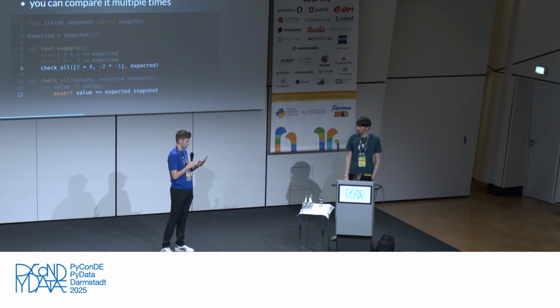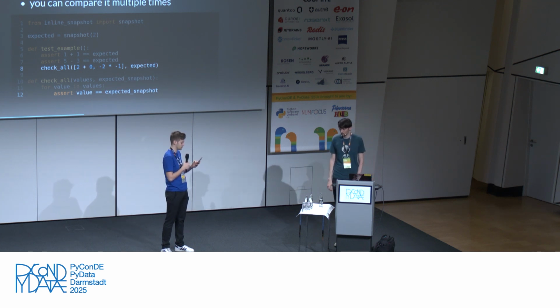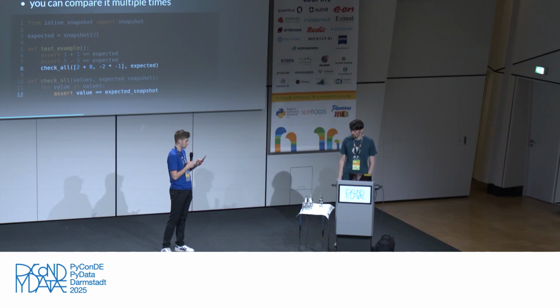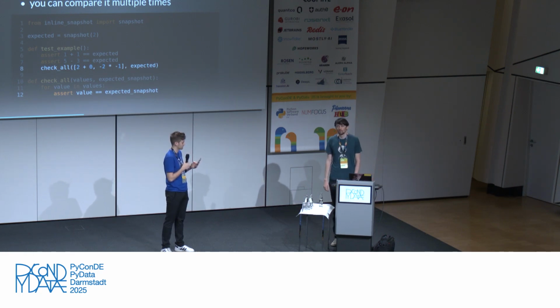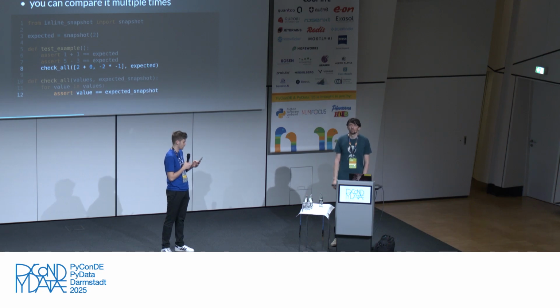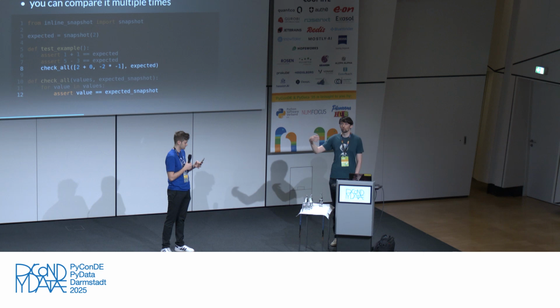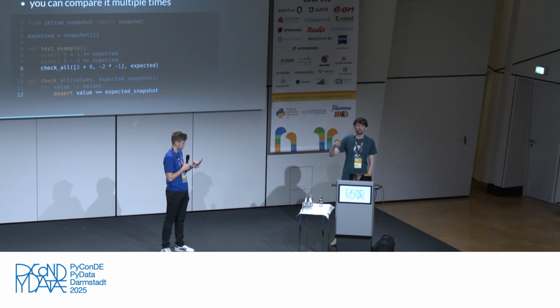Do you think it's a downside, and how can you prevent snapshots from being abused to not think about the tests, but to generate the expected values of the tests automatically? You have basically two views there. It could be a downside, yes, but it could also be an upside, because usually when you write your test, you only think about one specific thing you want to test.